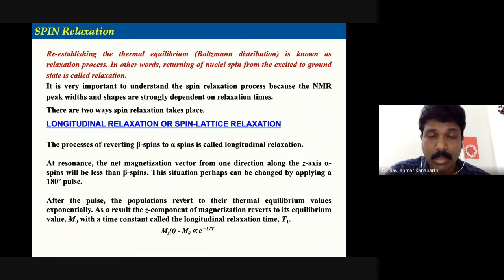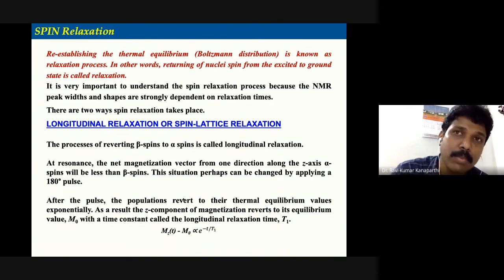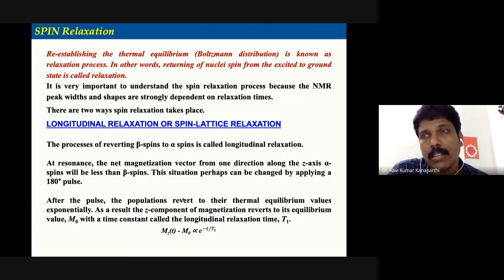You will have a transition, right? Under the resonance condition, you have a transition. What is the transition? Alpha spins make a transition to the beta state. By receiving the radio frequency, they go to the beta spin state, right? So you have a population inversion after applying the radio frequency pulse.